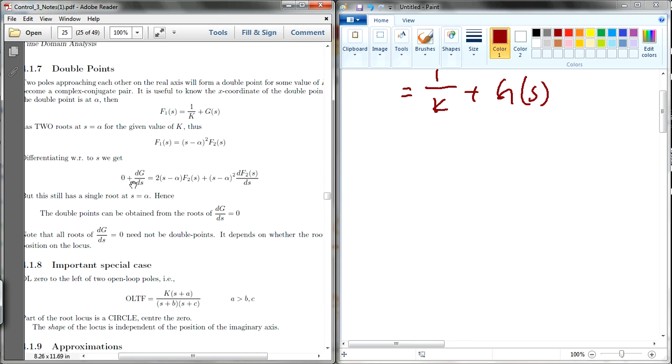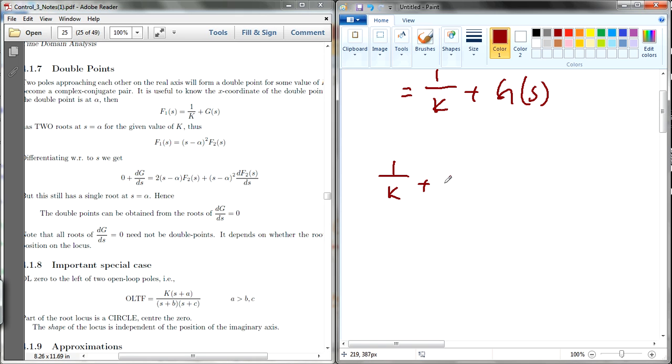So what is being done is actually to do an equation. So you take this equation, so let's say 1 over k, g of s is equal to this portion over here, right? And then f of s, and then you differentiate with respect to s.